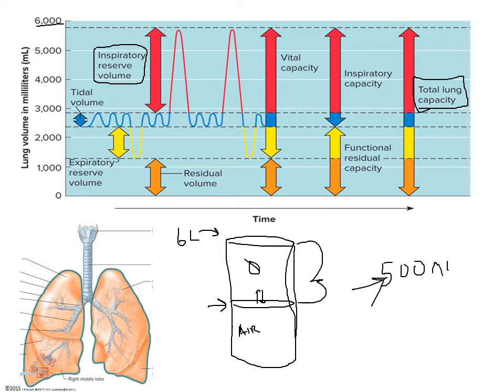I'm going to fill in more than 500 milliliters, so I'm going to use this area, and it's called the inspiratory, which means breathing in, reserve volume. So the inspiratory reserve volume is simply empty space that I have access to if I need to take a deeper than normal breath.